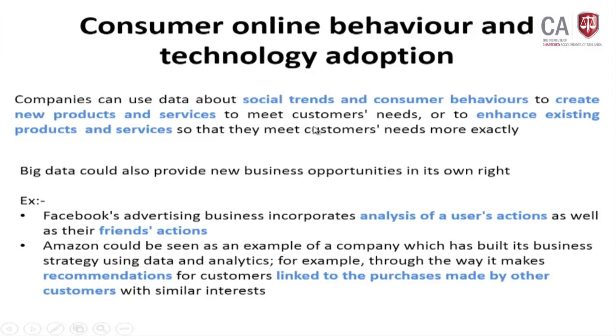So you have to identify the social trends and consumers' behavior. All these things are due to technological adaptations. In order to enhance the existing products and services, this technology can be adapted. So consumers' online behavior can be measured.